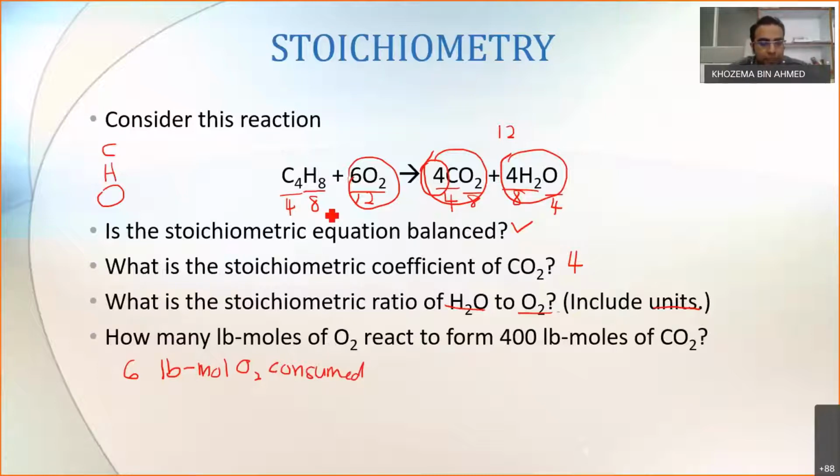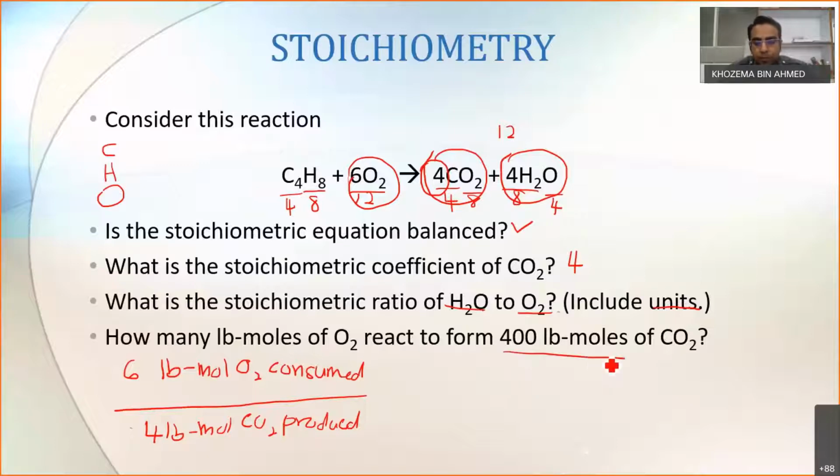Because it is on the reactant side, divided by the ratio of CO2, which is 4 pound mole of CO2 produced. So this is my ratio. So why did I use pound mole? Pound mole because I was given the information in pound mole. Depending on the information given, you can change from gram mole to pound mole.